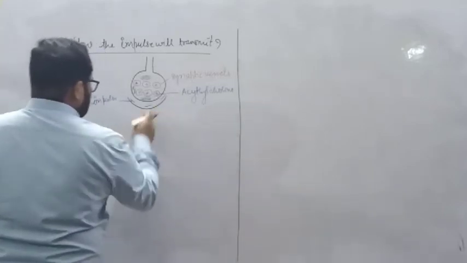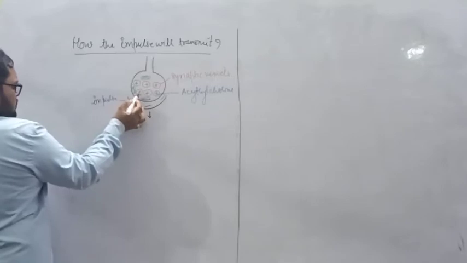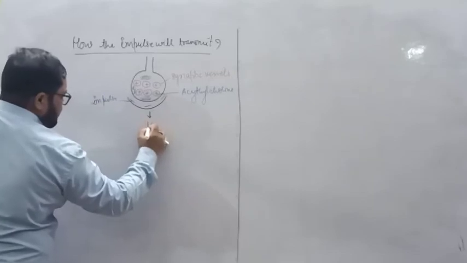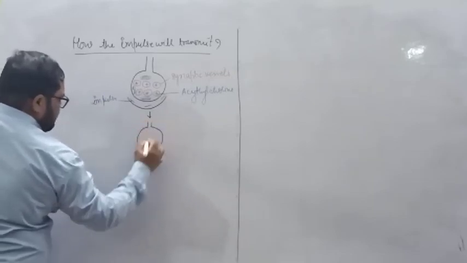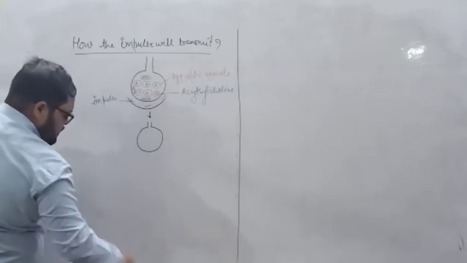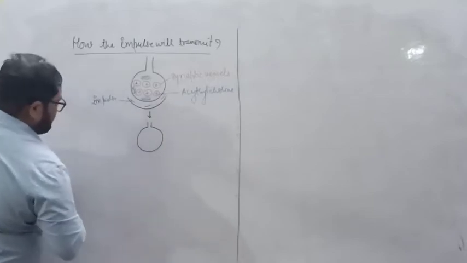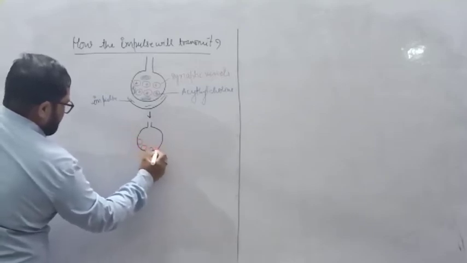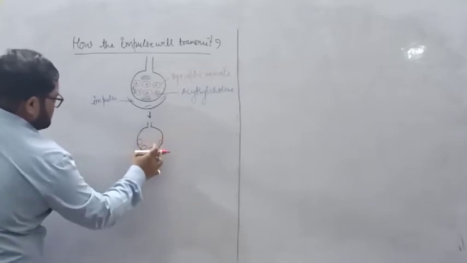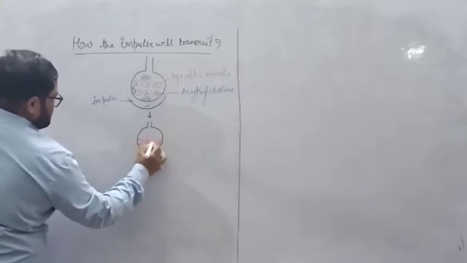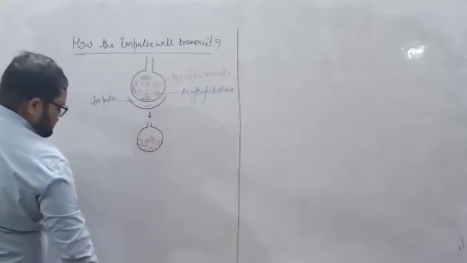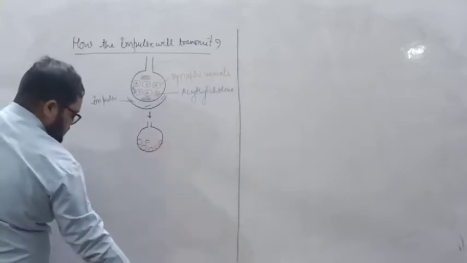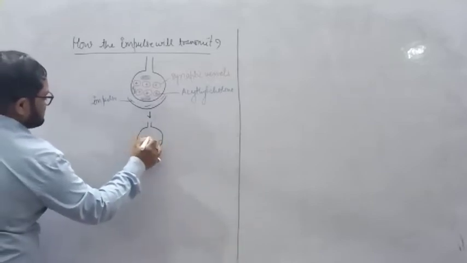Due to the attraction process, meaning positive and negative attract, all or maximum synaptic vesicles come to the membrane of the synaptic knob. All the synaptic vesicles will come, and here some mitochondria.